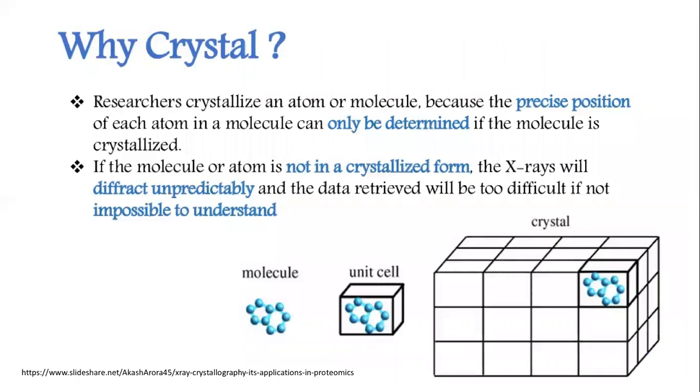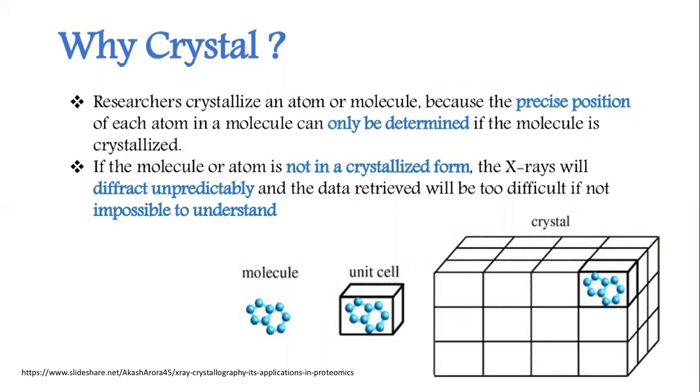In a non-crystallized form, X-rays will diffract in an unpredictable manner, which we cannot identify, and we will not get enough data to understand how the atoms interact with each other, what kind of bonds they share between each other, and what kind of structure they could be forming when they interact with each other.